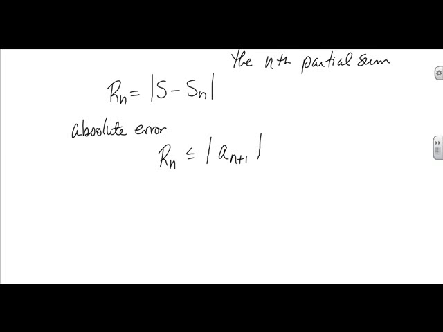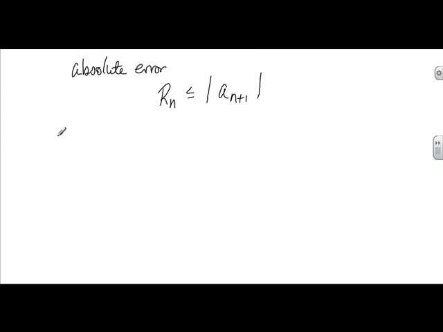Now here's the kind of problem that you're going to be asked to do with that. Suppose we have a series. We're going to start at 0 this time. Don't always assume we're starting at 1. And our series is negative 1 to the k power divided by k factorial. And here's our job.